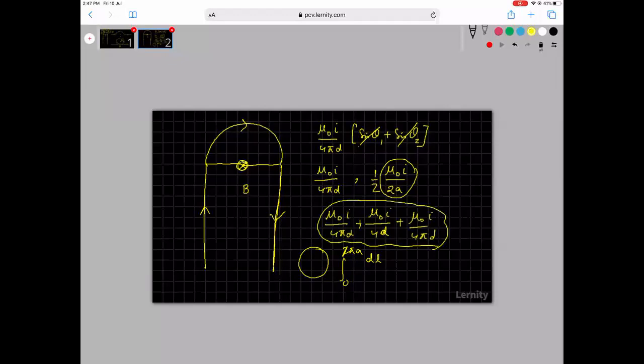If you apply your right hand rule, that is, grab the wire with your right hand, in all cases the magnetic field is going into the plane of paper. So you can just simply add them and you get these values. Mu naught I by 4 pi d, mu naught I by 4a, mu naught I by 4 pi d. So this is how you will get it. Yeah, am I clear for the first one?